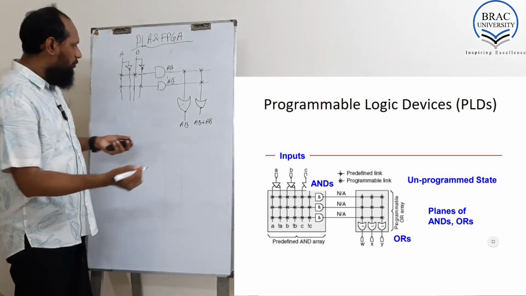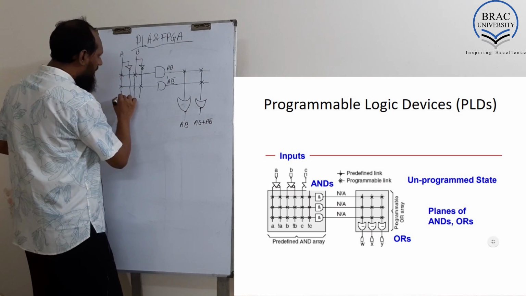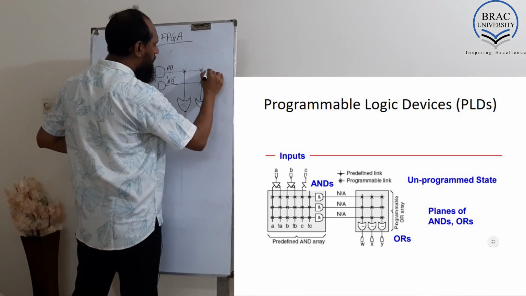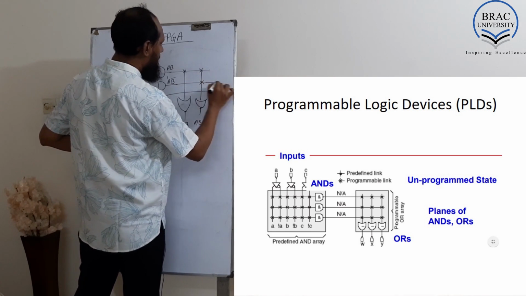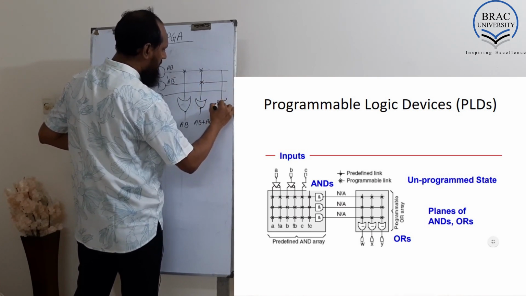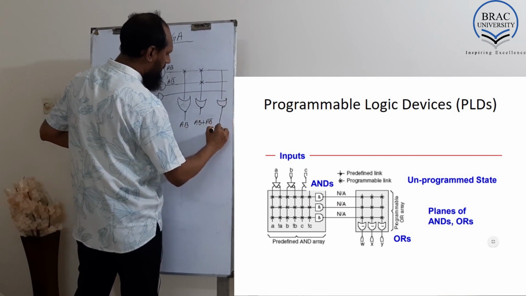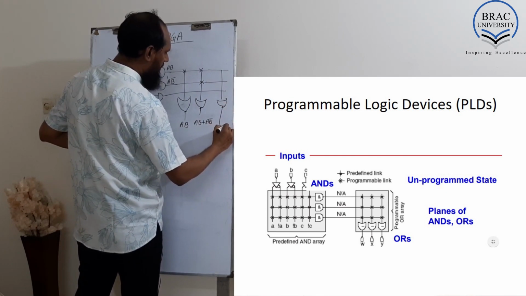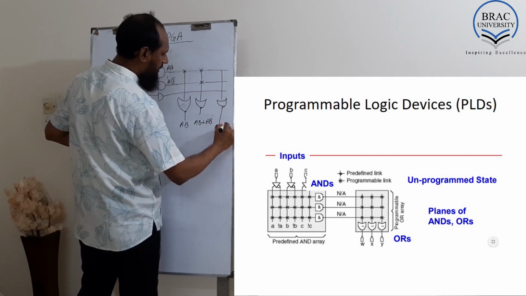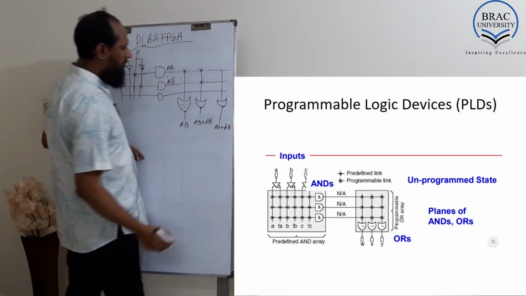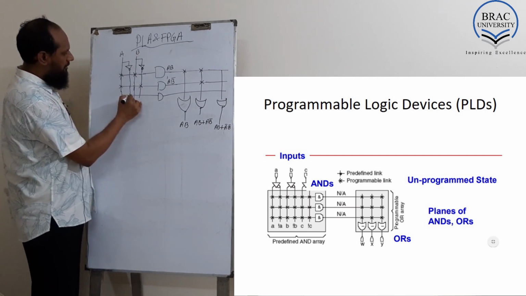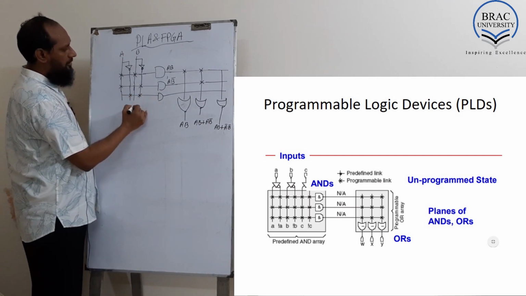In the same way, if we want an output like AB plus A dash B dash, A dash means here and here.